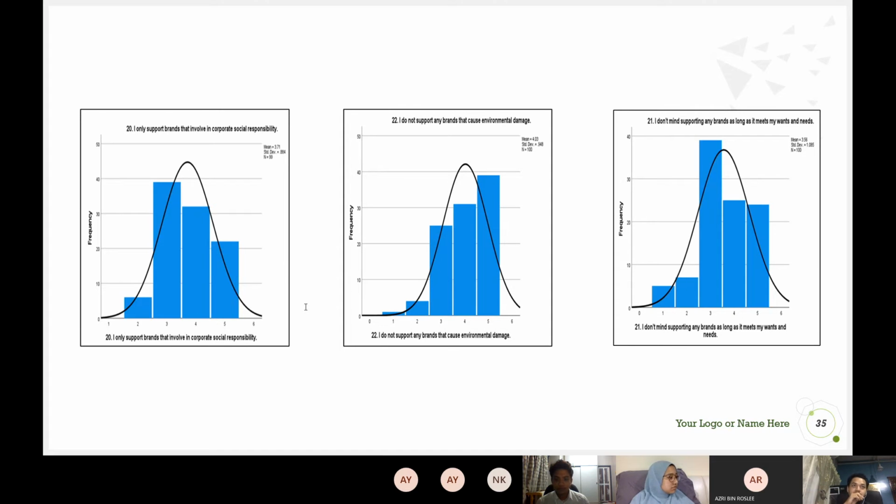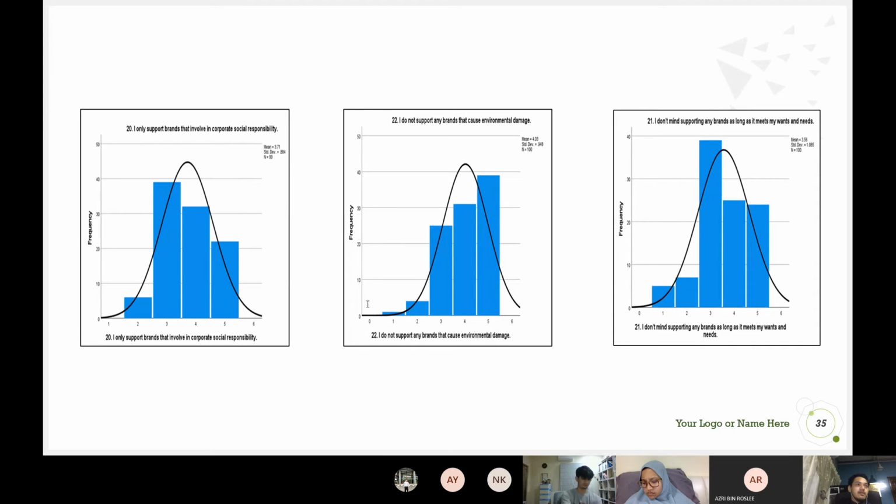Based on the bar chart among 100 respondents, we can conclude that the majority of the respondents strongly agree that they do not support the brands that cause environmental damage, with only 6% that disagree with it.